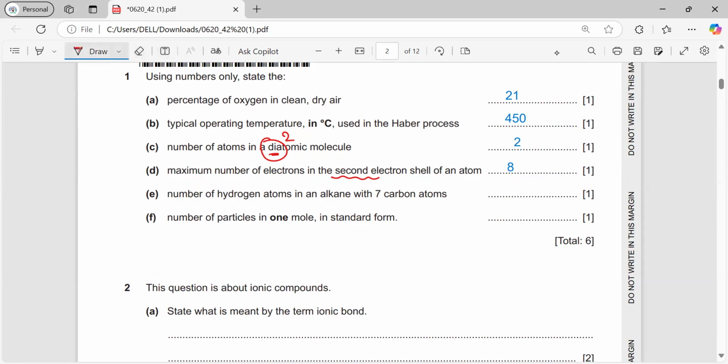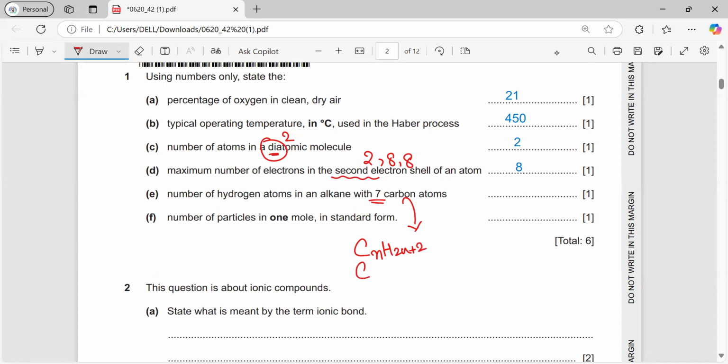So the electronic configuration is like 2 electrons in the first shell, 8 electrons in the second shell, 8 electrons in the third shell. The number of hydrogen atoms in an alkane with 7 carbon atoms. It will follow the general formula CnH2n+2.